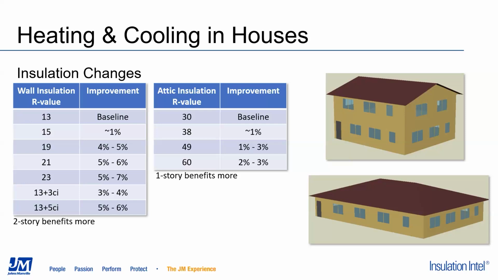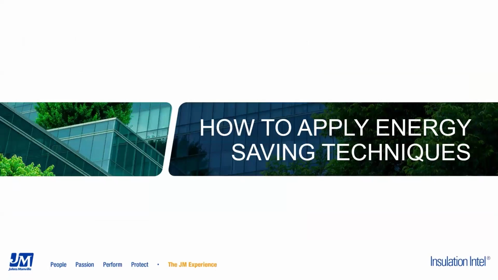Even in a ranch home, we just don't see as much impact from boosting the insulation in our attic. Now, it's not to say that's not important. When we take everything all together, we'll see in a minute that that's actually quite valuable. But by itself, we only see a few percent change by boosting up those insulation R values.